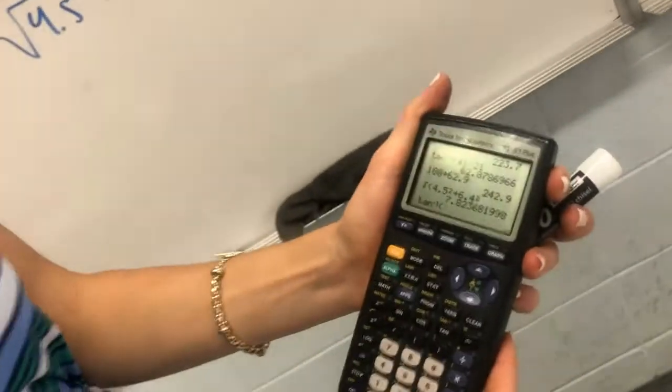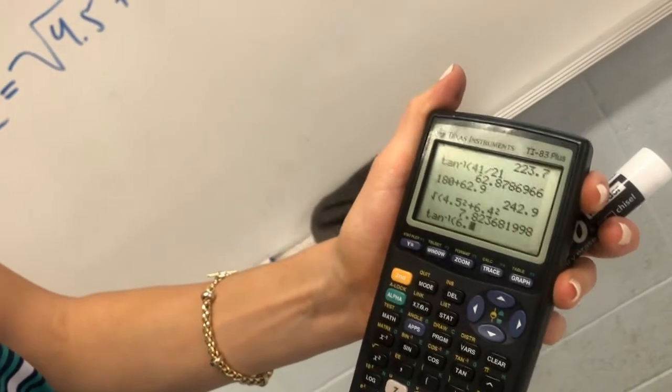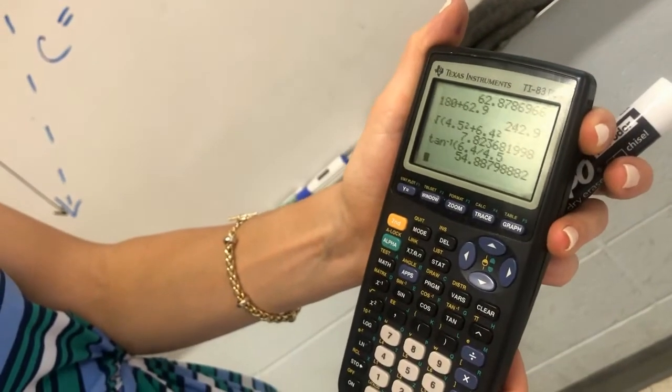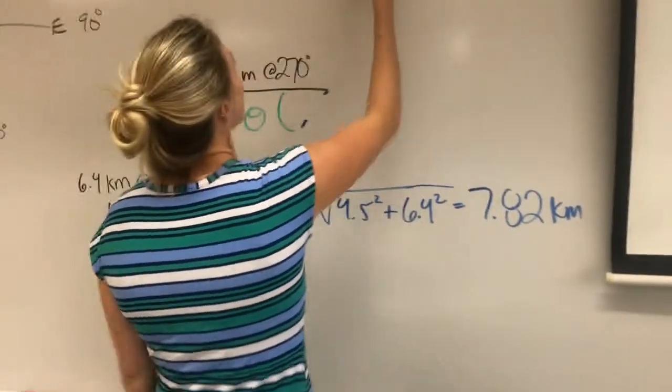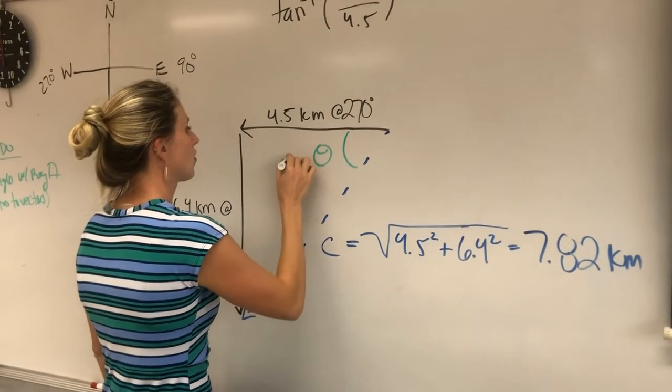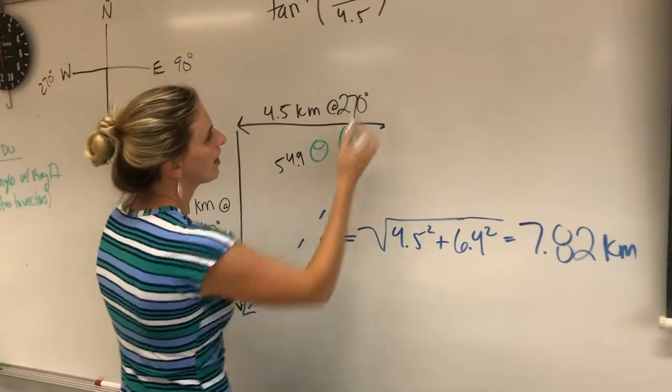We're almost there. Tangent inverse of 6.4 divided by 4.5. I get 54.9. So that internal angle is 54.9. So that's this right here. Are we done? Not yet.